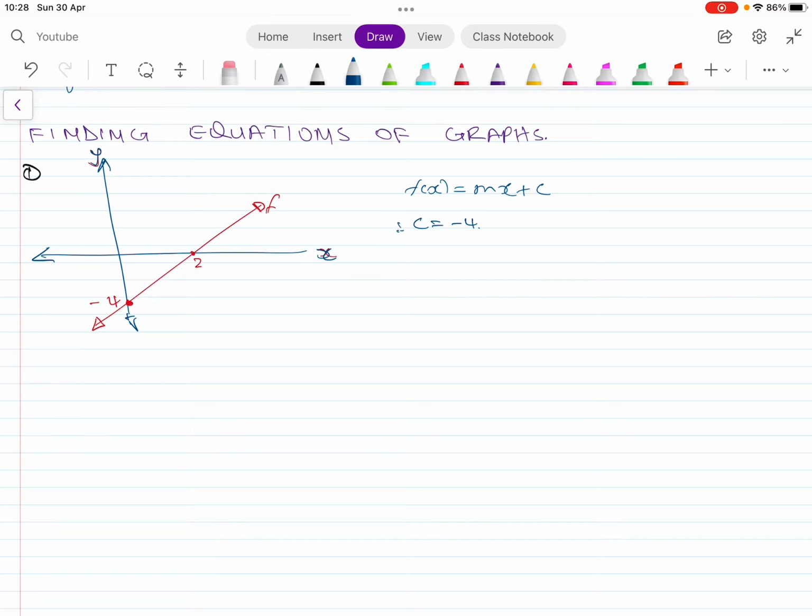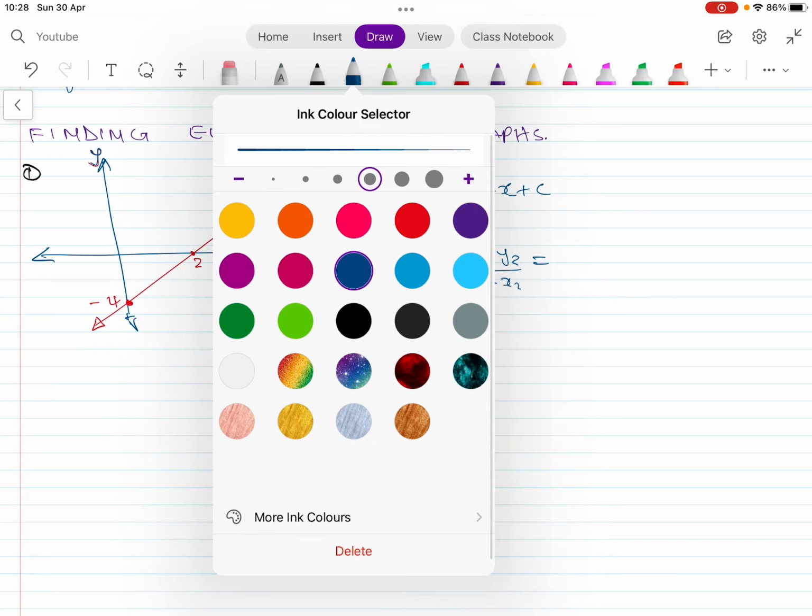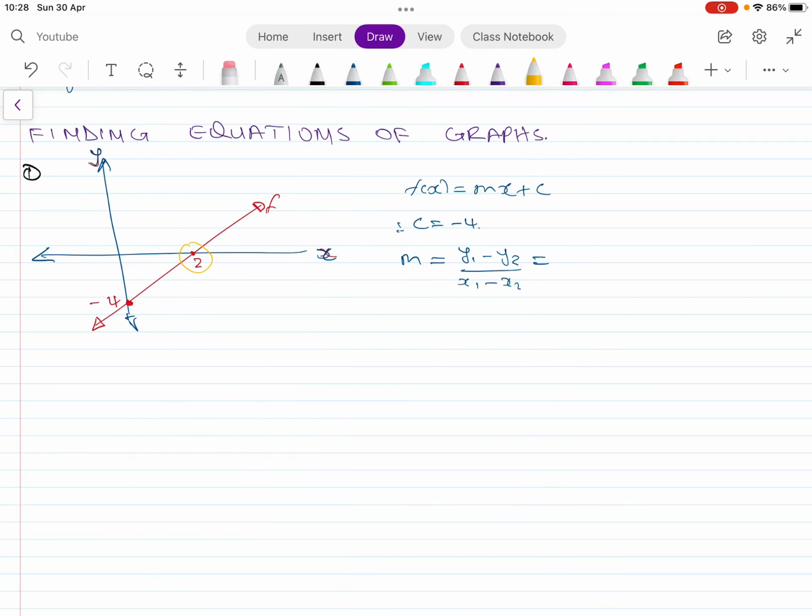And to get now the m, which is the gradient, you must use 2 points, because we are given 2 points. So you must just say y1 minus y2 divided by x1 minus x2. Or you can do it y2 minus y1 divided by x2 minus x1. We can just decide which one is point 1 and which one is point 2. So let's call this one point 1, the second one point 2.